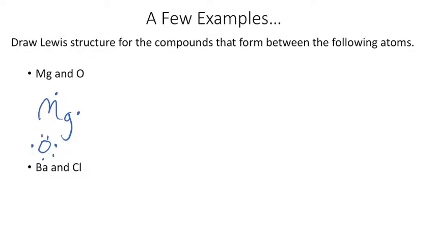Step 2 is to draw the Lewis structure of the ion that forms from each atom. Now, again, magnesium, being in group 2 or 2A, has 2 valence electrons, and we know that when it forms an ion it has a 2+ charge, which means it's going to lose both of the valence electrons it currently has.